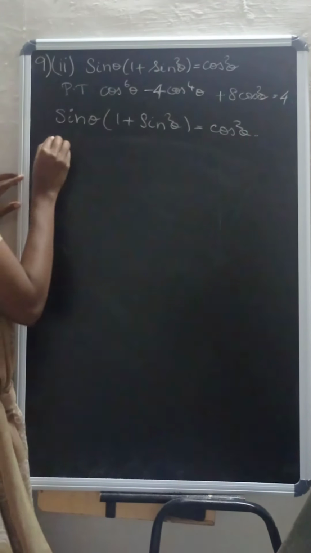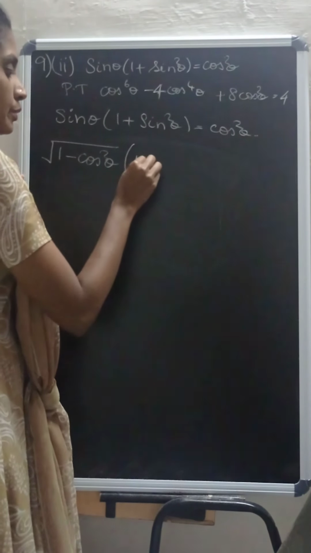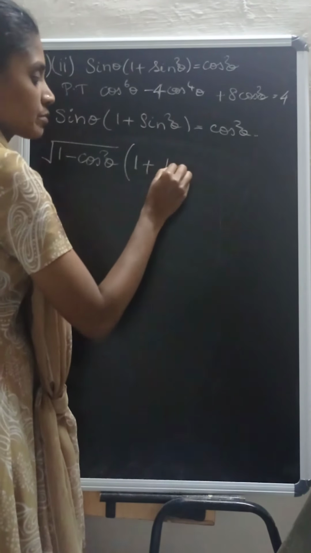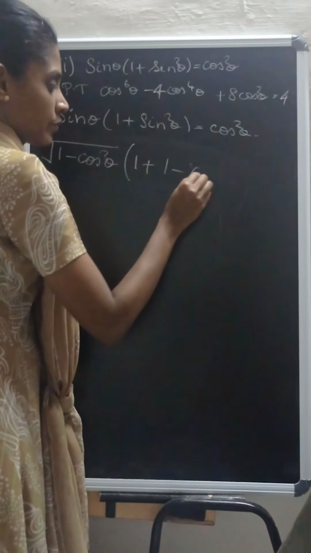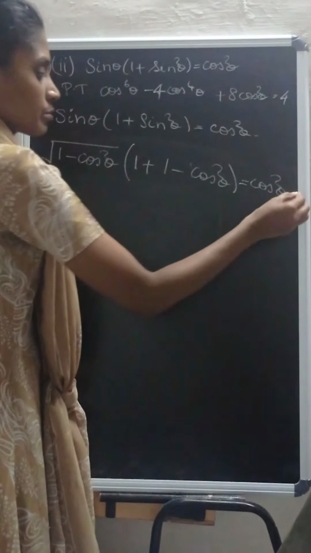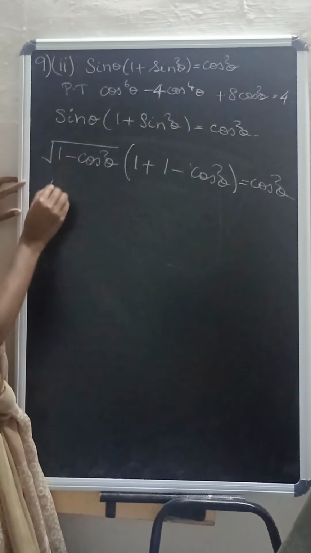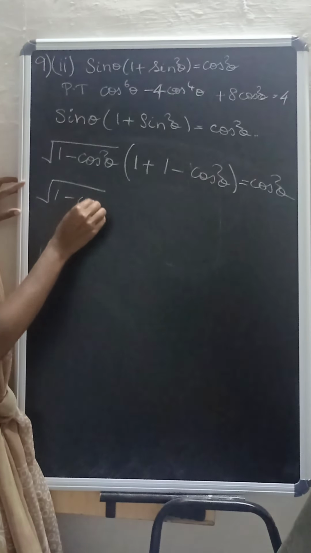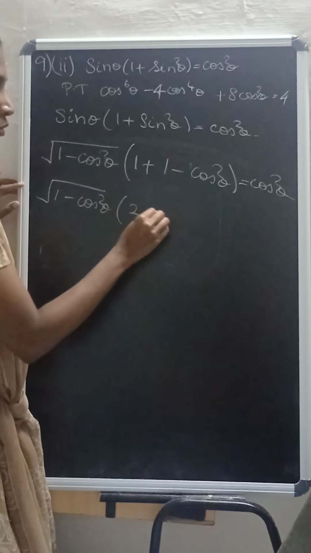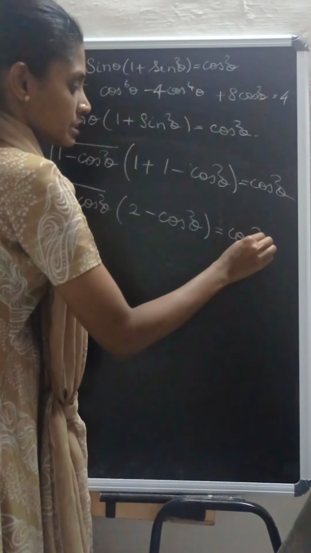So root of 1 minus cos square theta into 1 plus 1 minus cos square theta, which is equal to cos square theta. Now here root is given. This 1 plus 1 is 2. So root of 1 minus cos square theta into 2 minus cos square theta, which is equal to cos square theta.